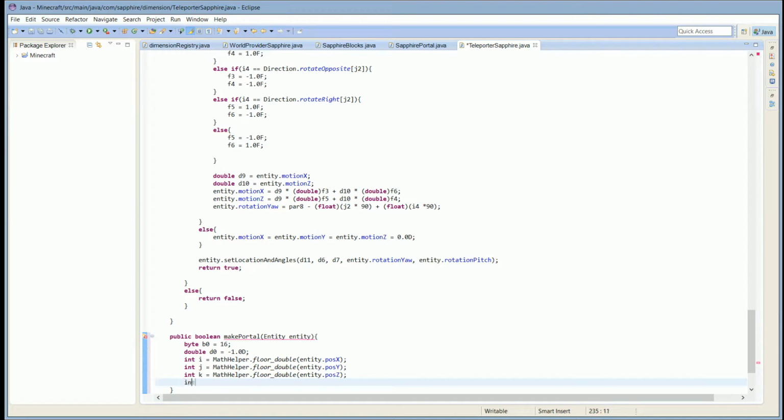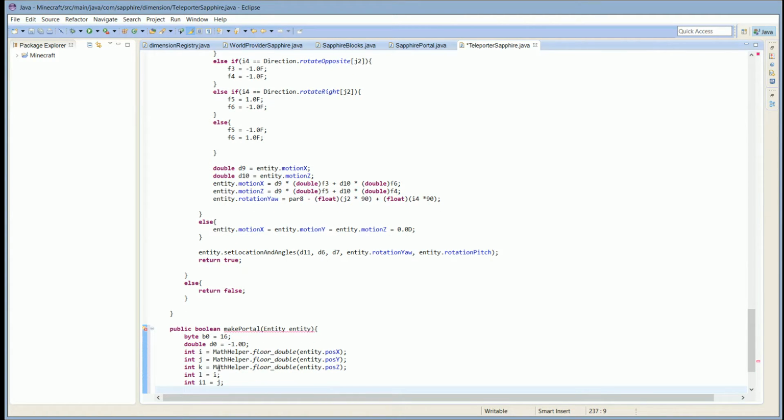Next, we have integer l, and integer l is going to equal i. Integer i1 is going to equal j. This is going to be used in our functions once we get to them. And j1 is going to equal k. I have to put integer. There we go.